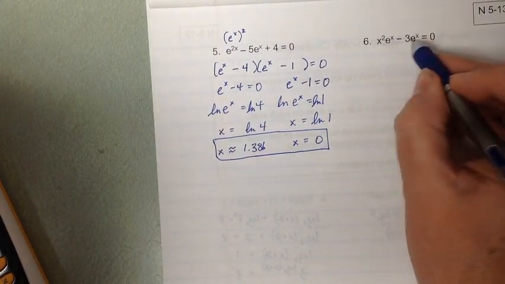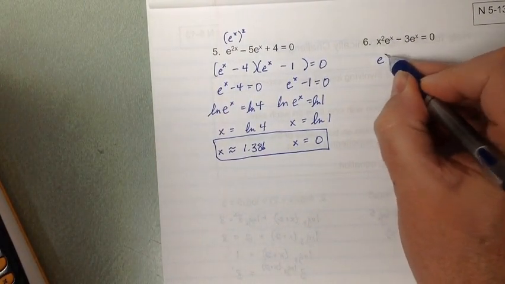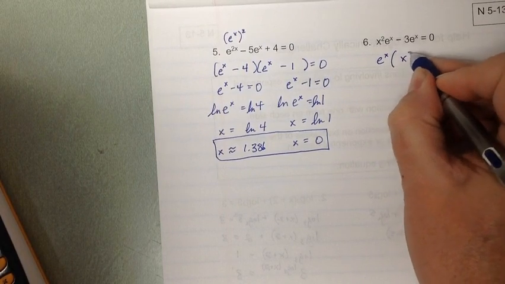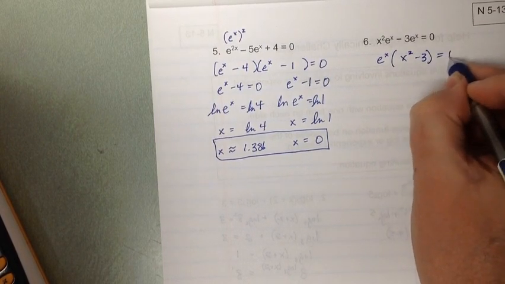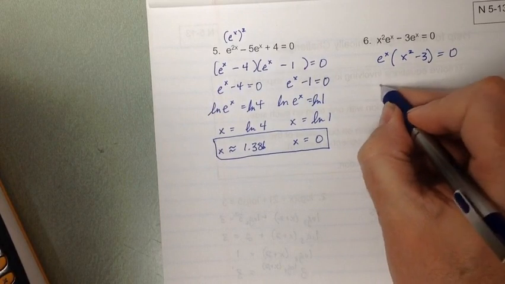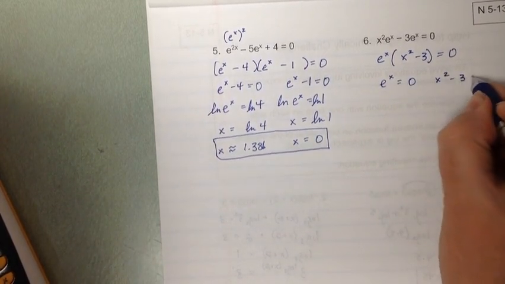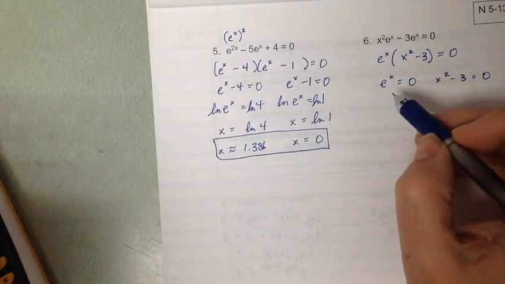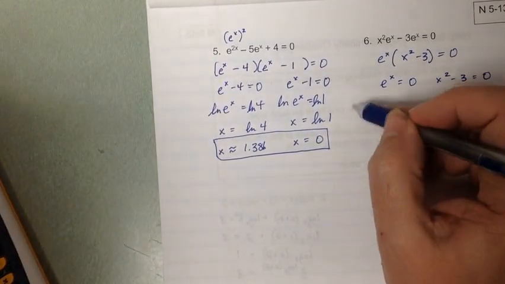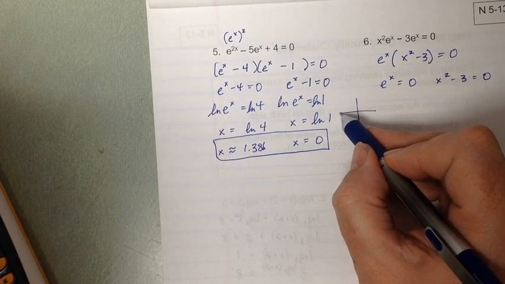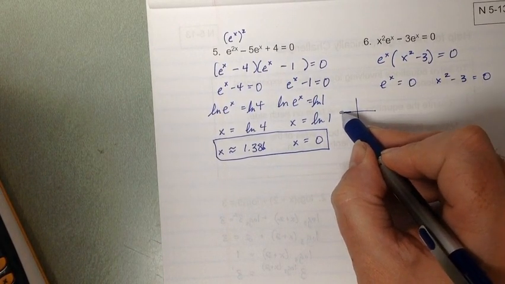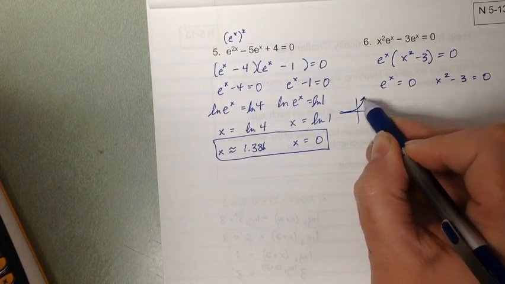Number 6, I've got a common factor of e to the x. e to the x times (x squared minus 3) equals 0. So either e to the x equals 0 or x squared minus 3 equals 0. Well, if you think about the graph of e to the x power, remember that all these exponentials, they hug the x-axis and then they shoot up, right?